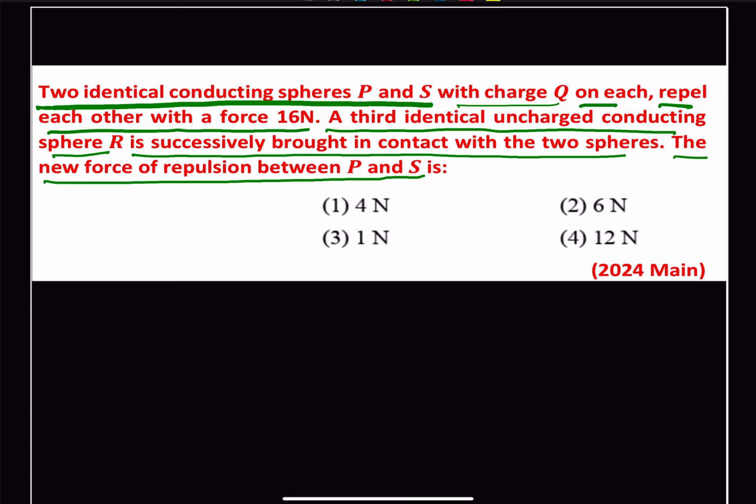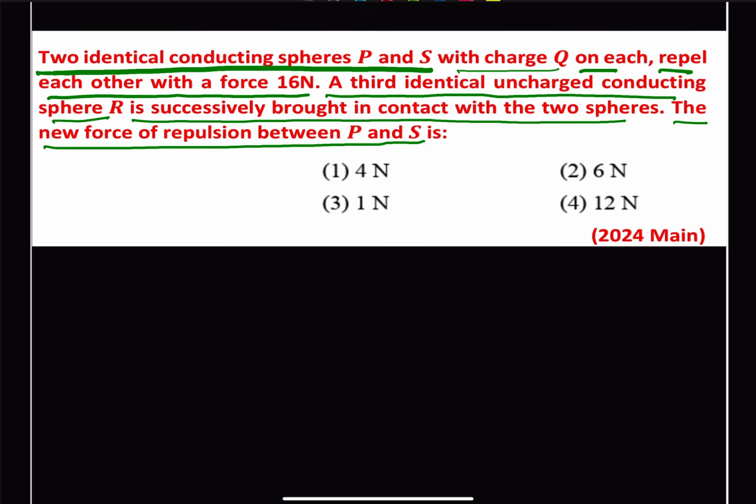Okay, so initially we have two spheres and an uncharged sphere R. So here we can say that the initial force between P and S, which will obviously be repulsive because it is given in the question, let us call this Fi, will be equal to 16 Newton.